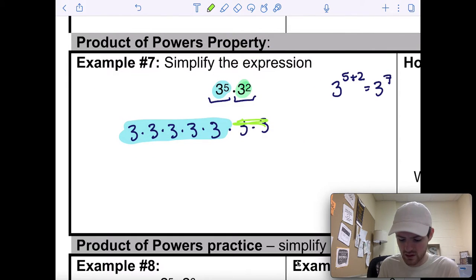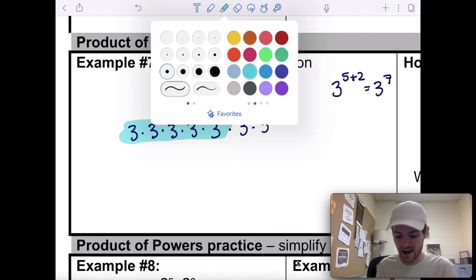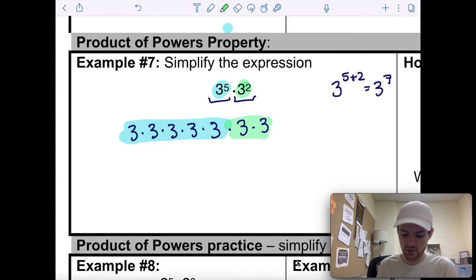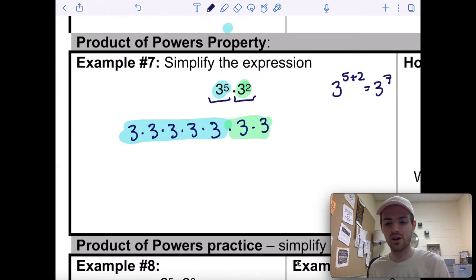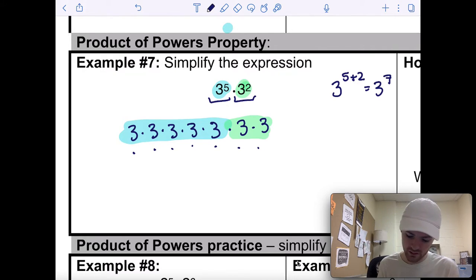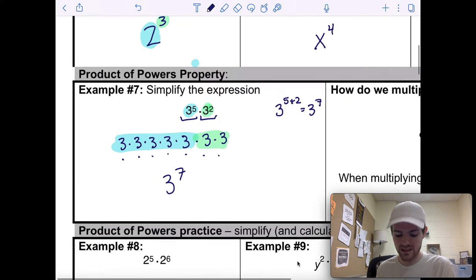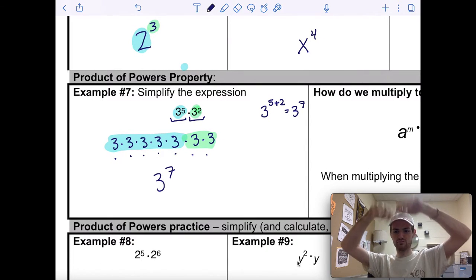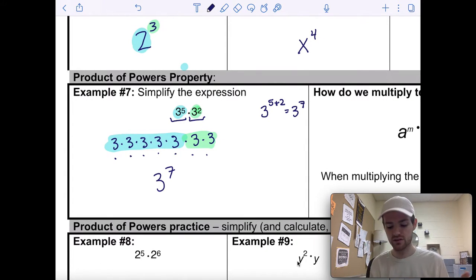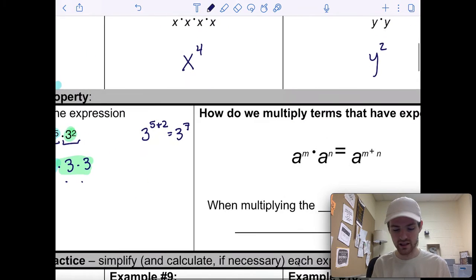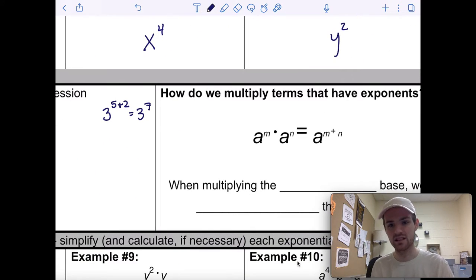How many 3's are we multiplying in total? 1, 2, 3, 4, 5, 6, 7. So 3 to the 7th. So we can break these problems apart to count, or the trick is just to add those exponents together.